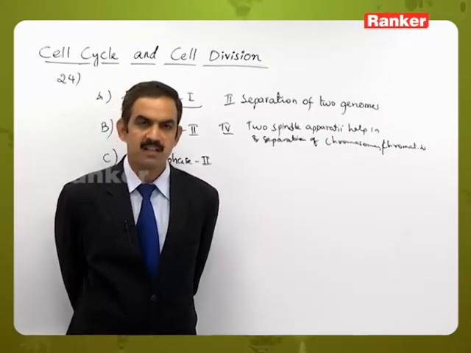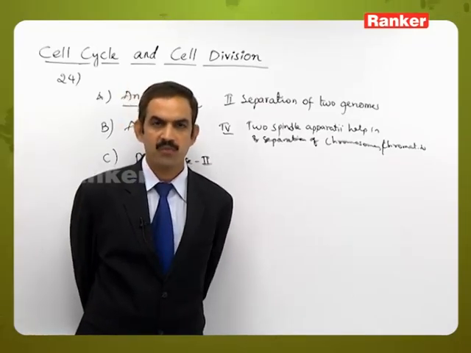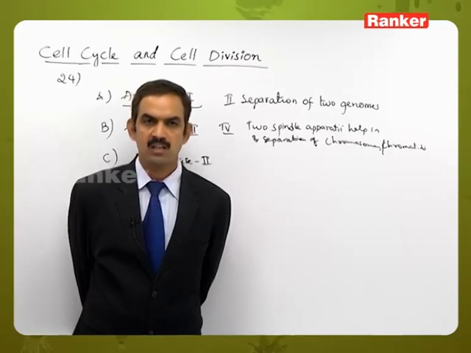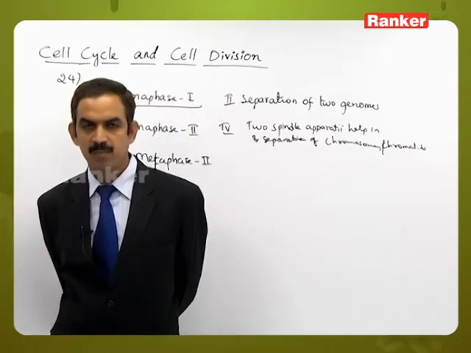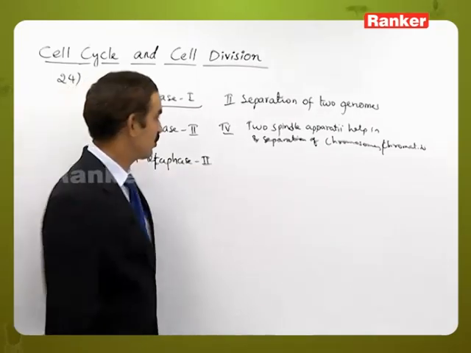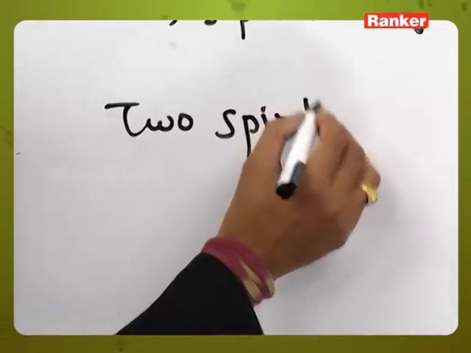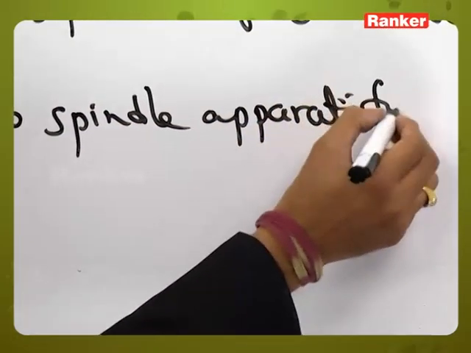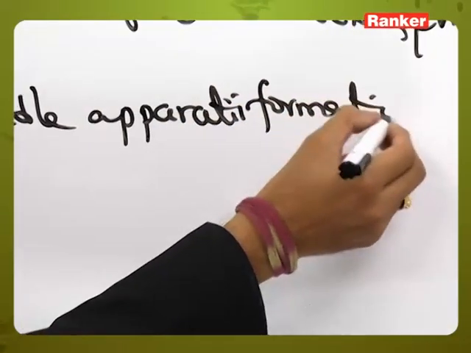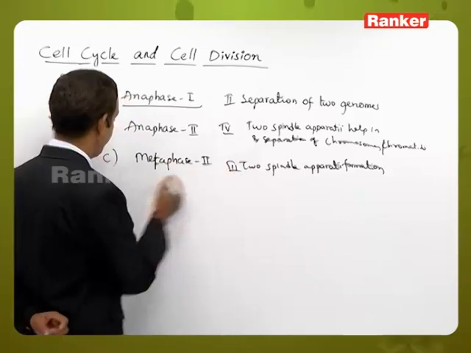The two nuclei will be separated, and during prophase 2 the chromosomes are released into the cytoplasmic content, and each of them will get separated because of the spindle apparatus. So here formation of two spindle apparatus is the one, that is option number 3.